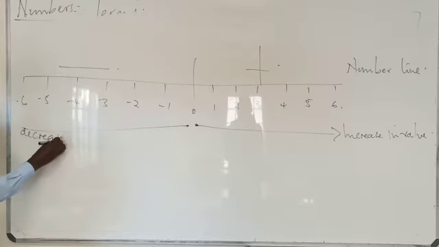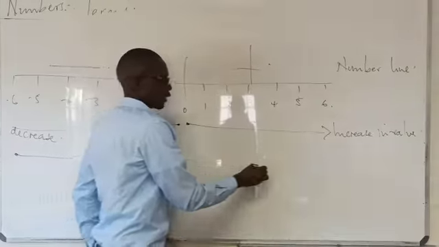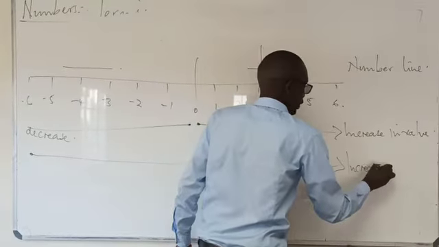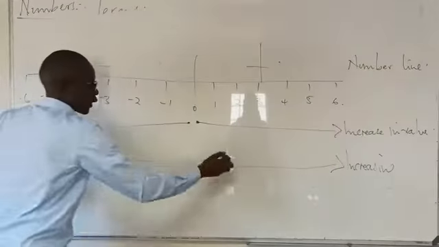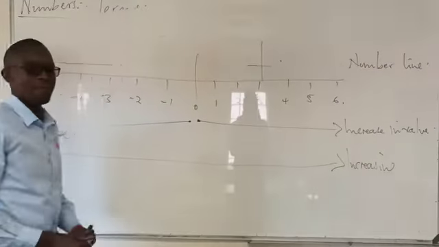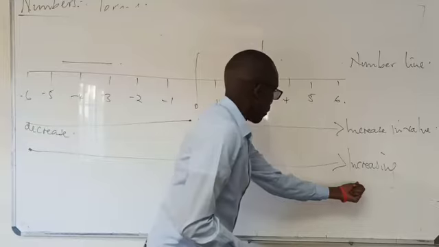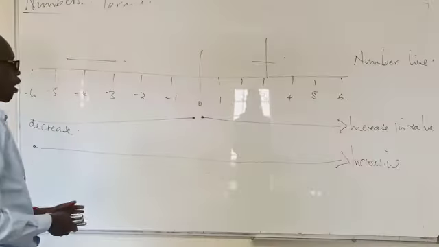If I start from -6 here, going this other side, my numbers are increasing in value. From left to right, the value of my numbers is increasing. At the same time, my numbers tend to decrease from this point until this other point.